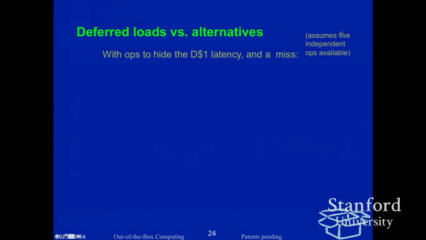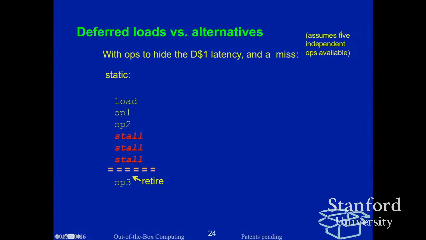Now we come to the case when things are different. Here we have those same 5 operations, but we miss in the D1. The static case, well, it schedules the load followed by the 2 operations that it knew about, but then it will stall at least 3 cycles, and perhaps more.